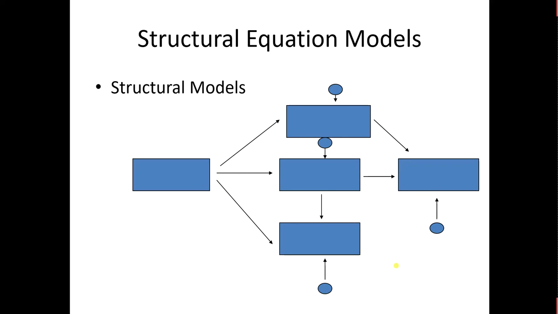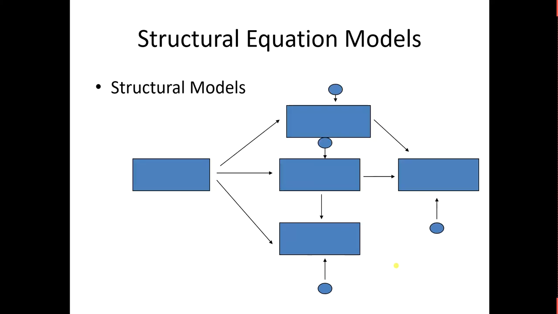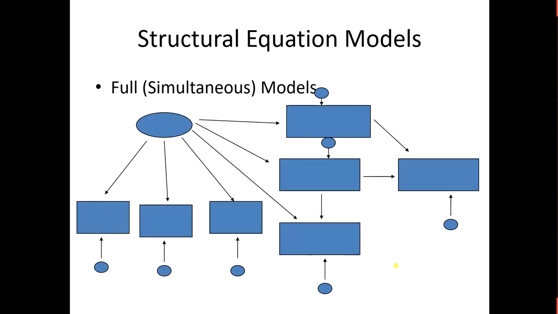When we combine these two models, that is this measurement model and structural model, in one single model, and we test the whole model together, then that model is generally called full model, complete model, or simultaneous model. Here there is a latent variable linked with three indicators, and this latent variable has been assumed to cause variation in these three variables, and then these two variables in turn are causing variations in this final variable.